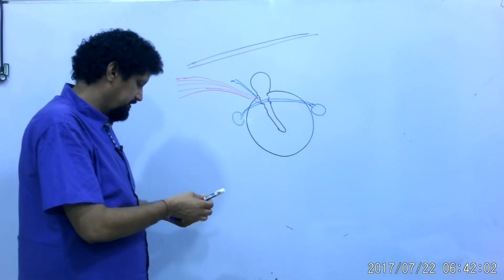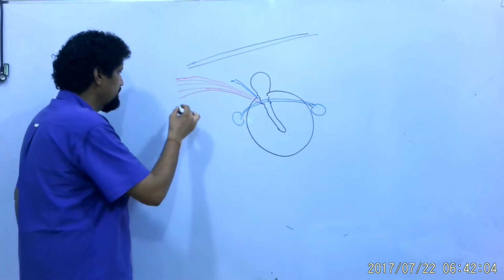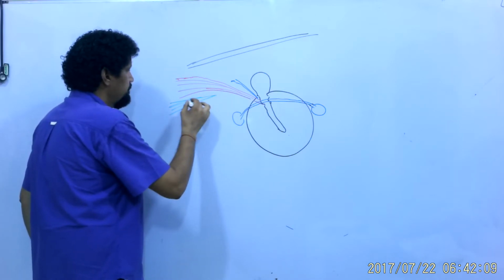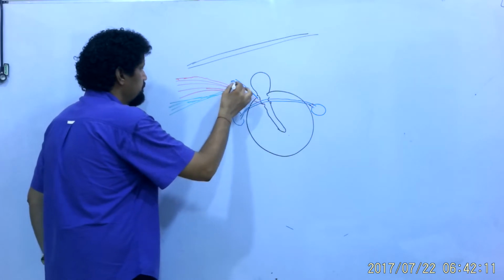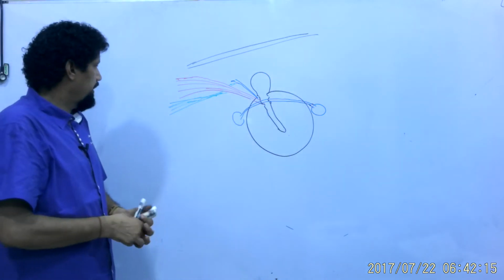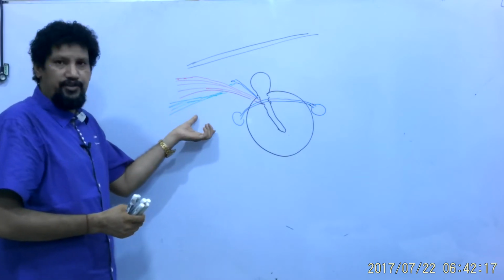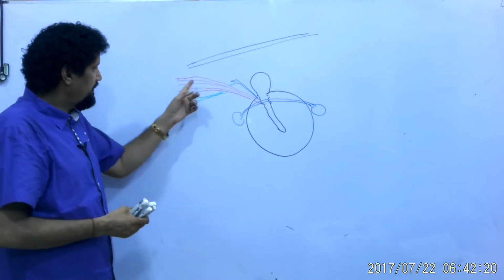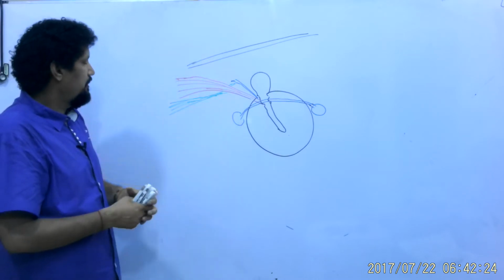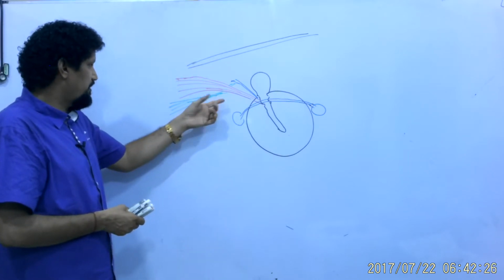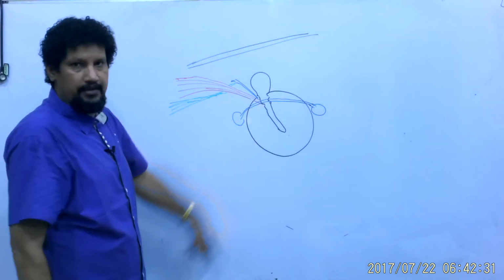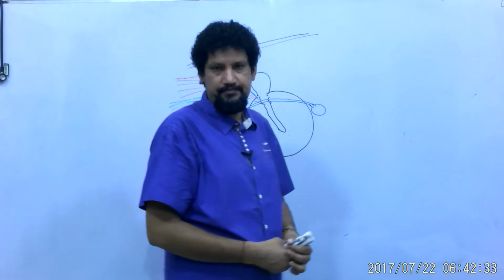And this is again the processus cochleariformis, separating the canal for the tensor tympani and the Eustachian canal. And this muscle, the tensor tympani, is taking a sharp turn on the anteriormost part of this processus cochleariformis and inserted on the handle of the malleus.